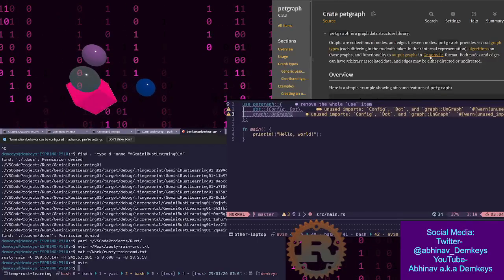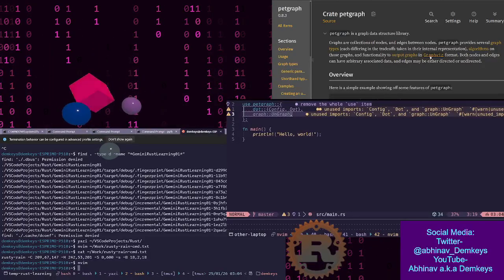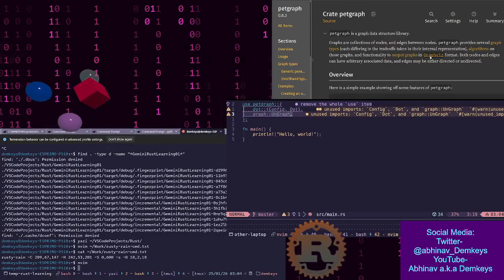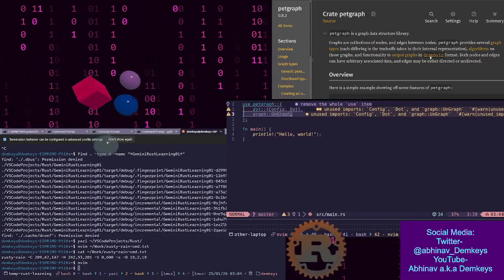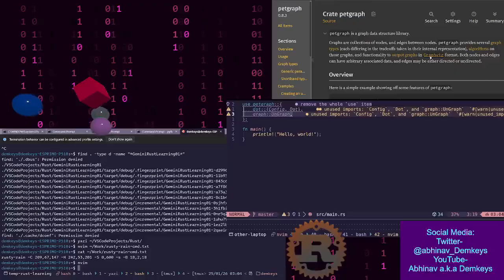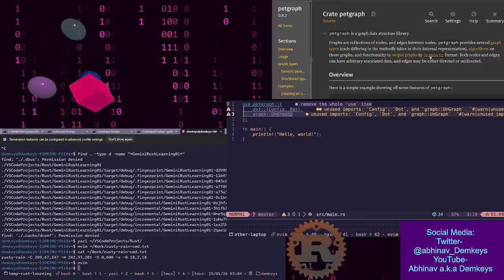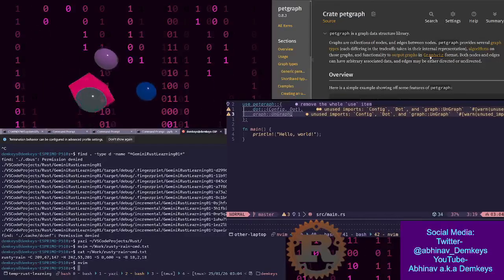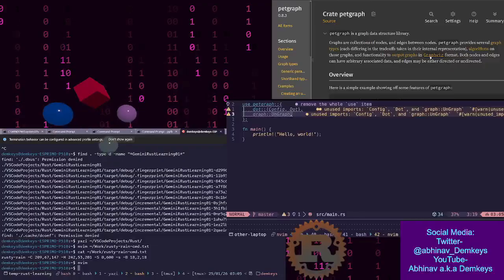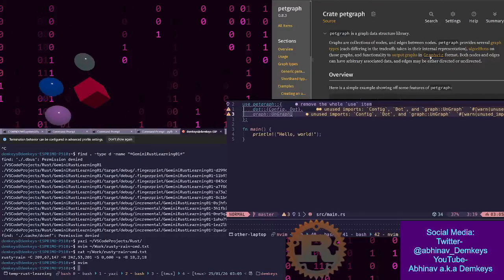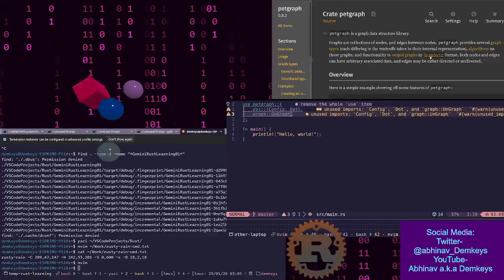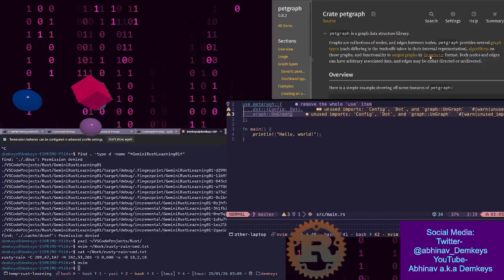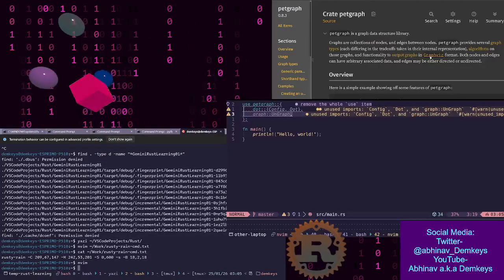So if there is a direction there, showing that the connection is going from node A to node B, that's a directed graph. And if there's no direction specified within these edges, then it's usually an undirected graph. I need to look into whether there is the concept of hybrid graphs where you have both directed and undirected connections.